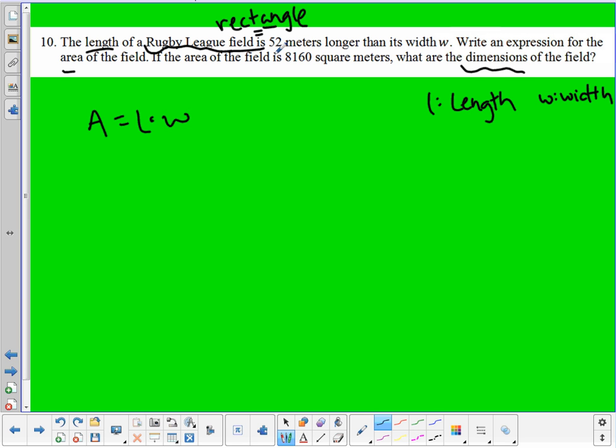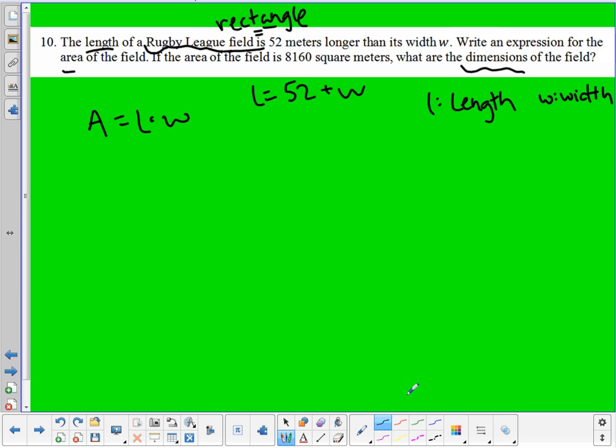Well, I know that the length is 52 meters longer than the width. I have length equals 52 plus W. This is like a system. You just wrote two equations, okay?